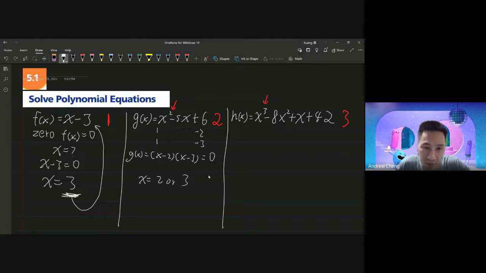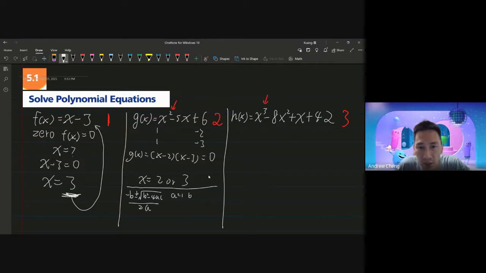We have another method: use the quadratic formula. Negative b plus or minus the square root of b squared minus 4ac, over 2a. In this case, a is the coefficient of the x squared term, so in this example a is 1.